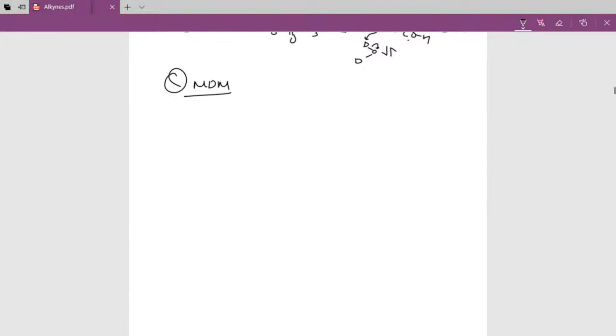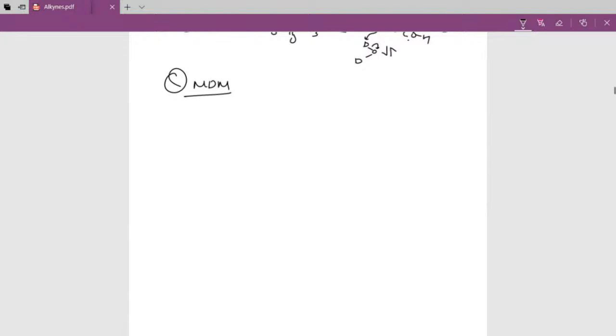But in the case of the OMDM reaction, it will be removed as mercury. So there will be slight differences, but yes, broadly I can say it is quite similar. So let us write and discuss how this whole reaction could take place in case of alkynes.